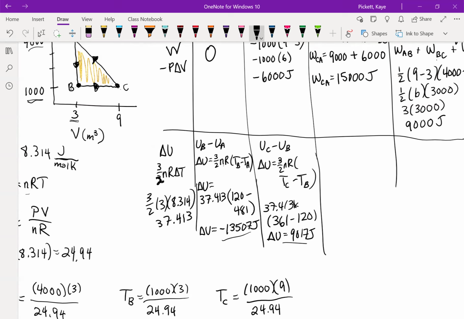That makes some sense. From C to A, see, we had to do something cattywampus over here. This, not so much. So from UA minus UC, Coolio, 3/2 nR times TA minus TC, 37.413 again.